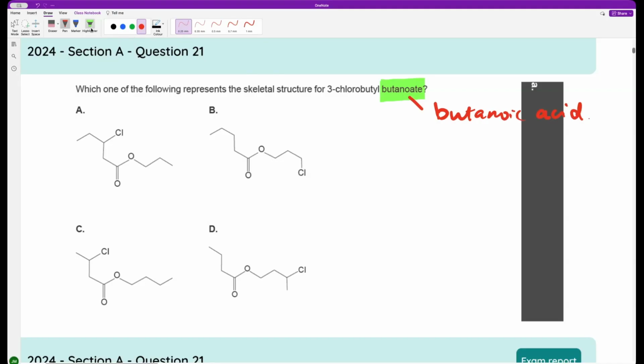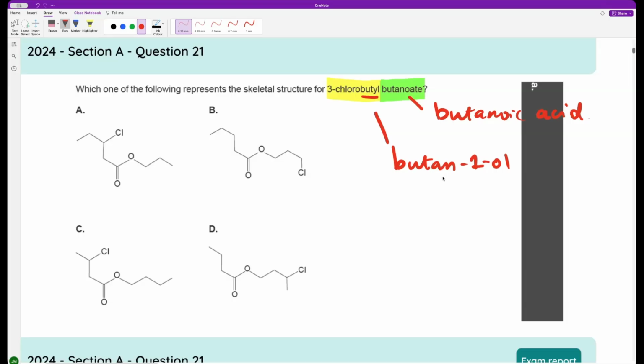And the 3-chlorobutyl is the alcohol part of the ester. But means 4 carbons as well. Butyl means 4 carbons, so it must have come from a butanol. It must have come from a butan-1-ol.